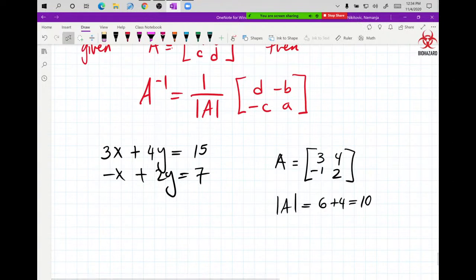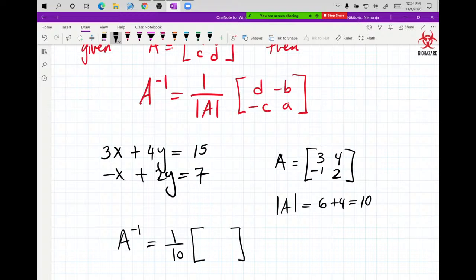And you immediately have your inverse matrix. Your inverse matrix is 1 over 10, and now A and D will swap places. So this becomes 2, this becomes 3. And then the other guys change their signs. So this is now 1 and this is negative 4.